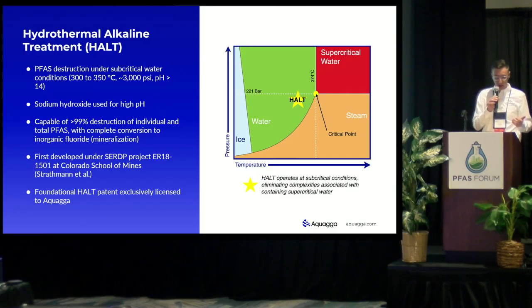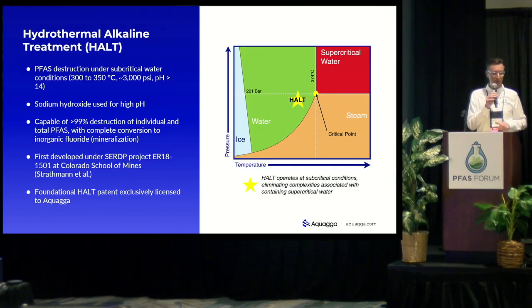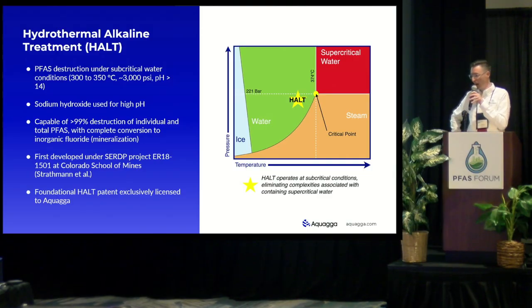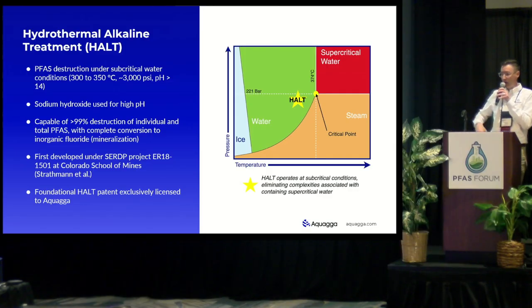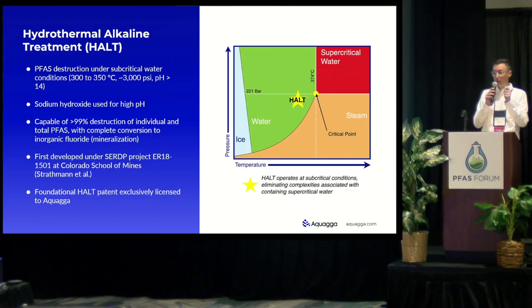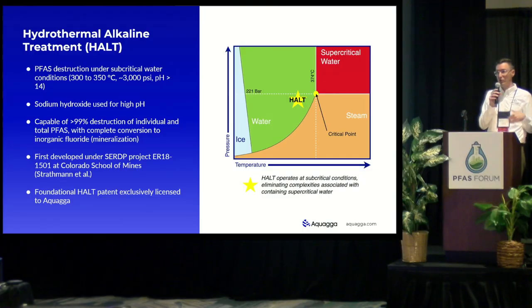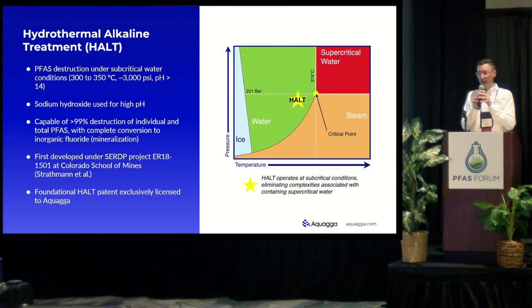As you all know, the matrices that we would receive for these would include concentrates from landfill leachate, AFFF foam concentrate, industrial wastewater, which might be an RO reject or a regeneration brine from ion exchange resin. They're messy. They've got lots of co-constituents, and they also have a variety of PFAS types. And so we basically tune the temperature and the pH of the incoming feedstock for our systems in order to meet the destruction goals of the client and any regulatory requirements.